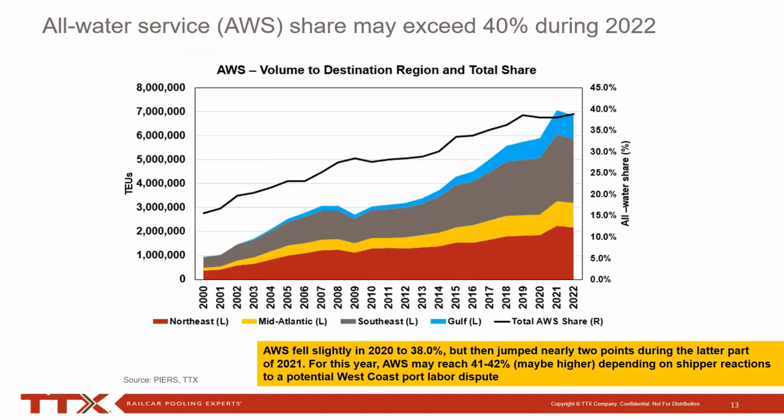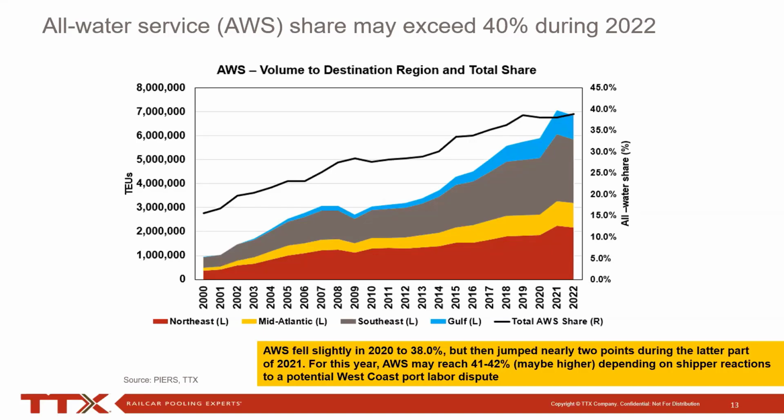So the next slide I want to discuss is all-water share. And TTX defines all-water share as the share of imports from East Asia that discharge on the East Coast. This has nothing to do with production shifts. Rather, it reflects shipments from China and those other countries nearby in East Asia that discharge on the East Coast, even though it's typically shorter and faster to ship to the West Coast.